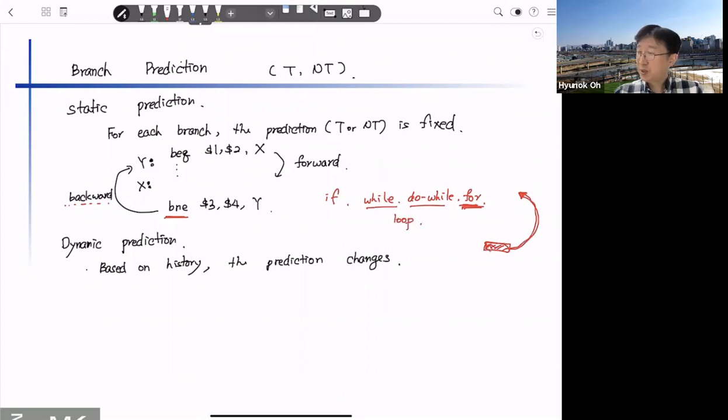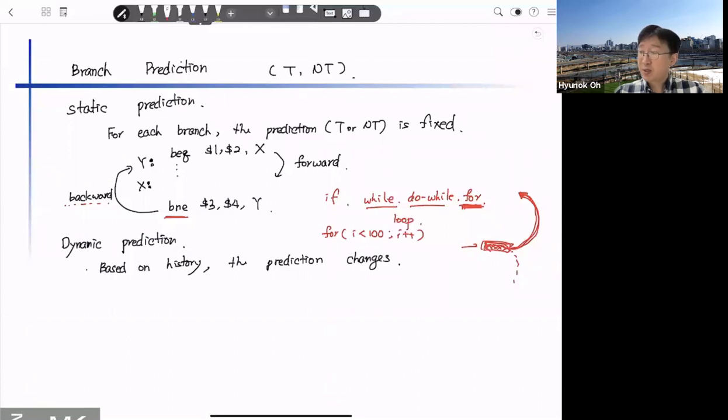So in this case, which is better? Is it jumping back or jumping forward, which is happening more frequently? In the loop case, is that loop executed just once or executed several times? So for instance, the loop is like 100. Then how many times is this branch happening? 100 times, right?